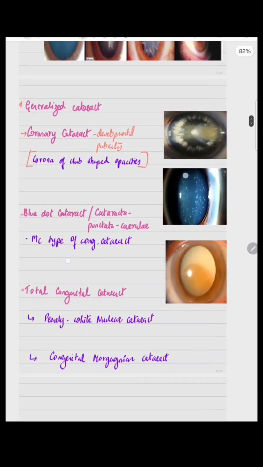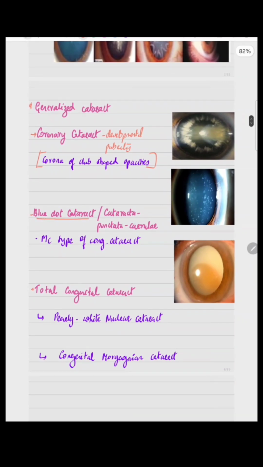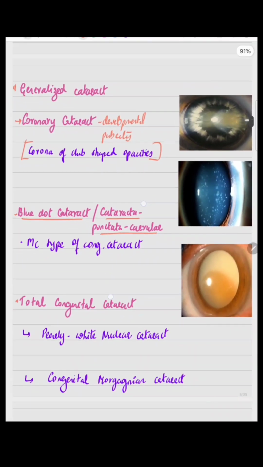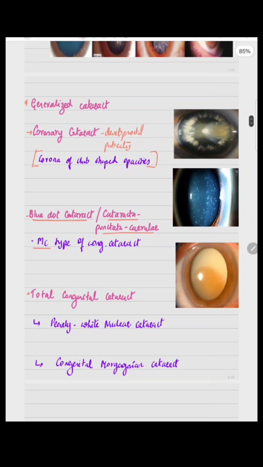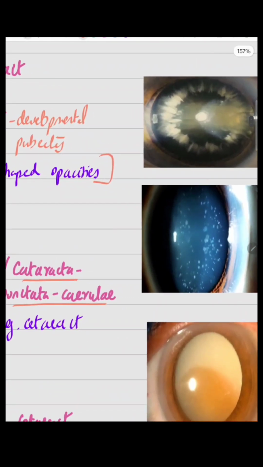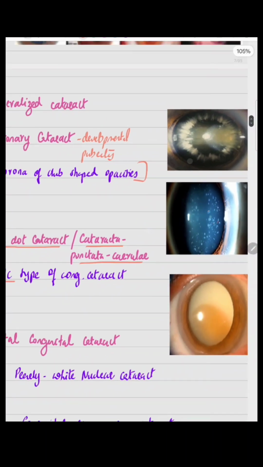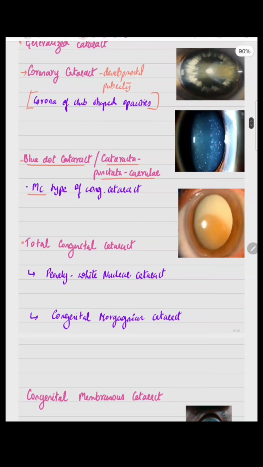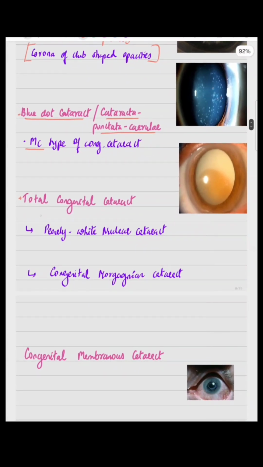Next is blue dot cataract or cataracta punctata caerulea. This is the most common type of congenital cataract. There are punctate opacities in the form of bluish dots in the periphery of the adolescent nucleus and deeper layer of cortex. Then we have the total congenital cataract. It can be hereditary or due to maternal rubella infection.